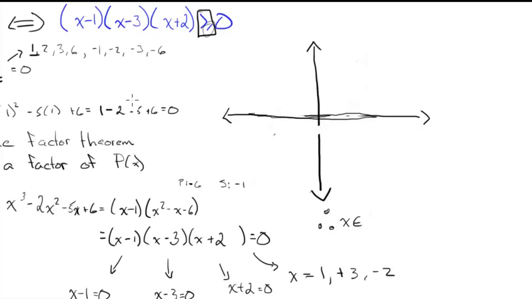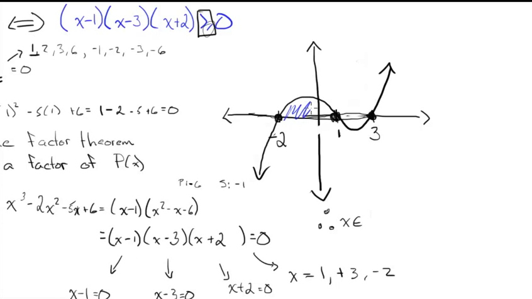So my x-intercepts were actually 1, 3, and negative 2, not negative 3. So 1, 3, and negative 2. But we still have that same shape, down as you go to negative infinity, and up as you go to positive infinity.